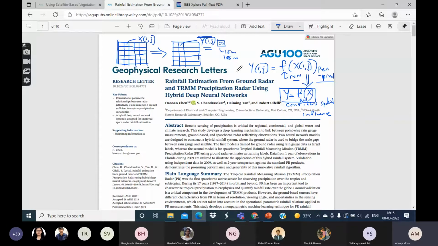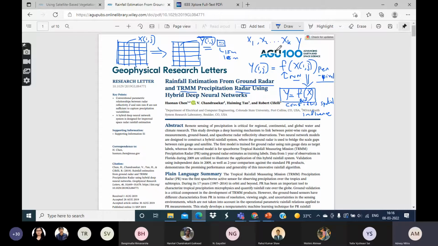For example, there can be ground radars, measurements from satellites, measurements from aerial radars, etc. Each of them will have their own x, so let us say I have x1, x2 up to xk from k different sources, and then I have to utilize all of them to get a single y, which is the variable of my interest.